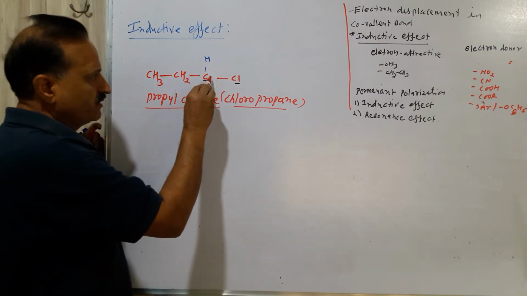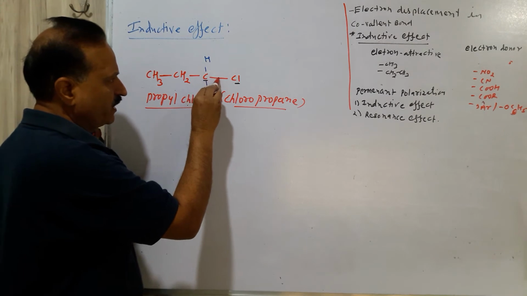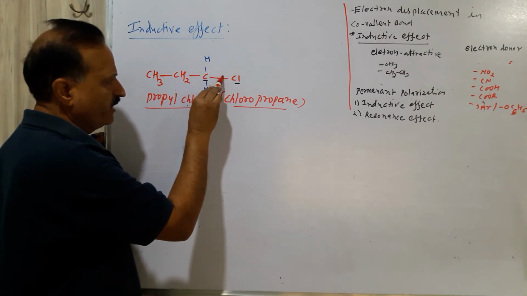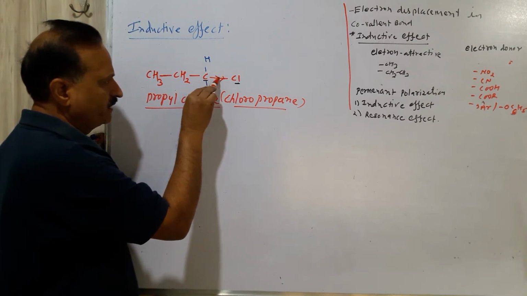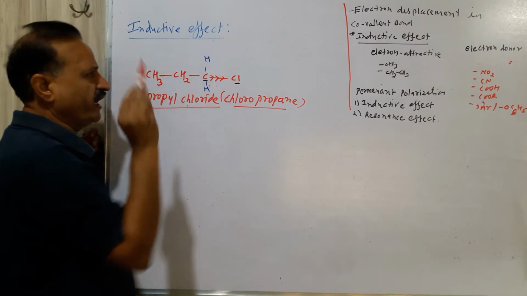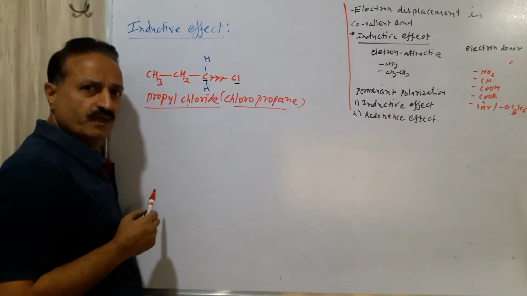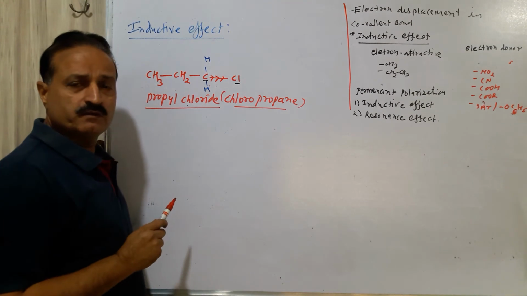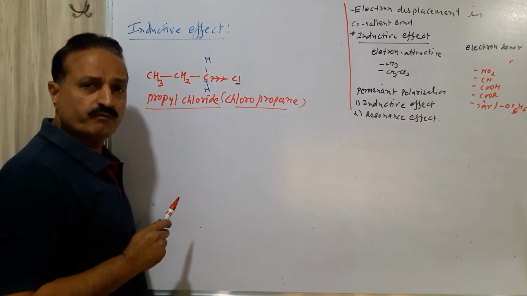This is the inductive effect. So here will be the highest inductive effect, which I am showing by three arrows, and this bond is not only a covalent bond, it is now a polar covalent bond.